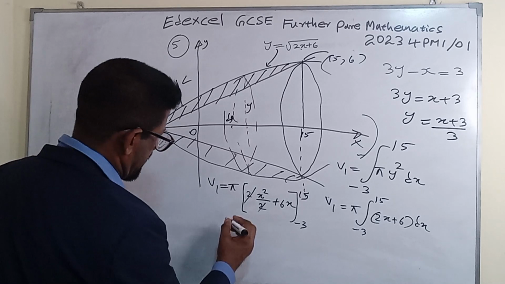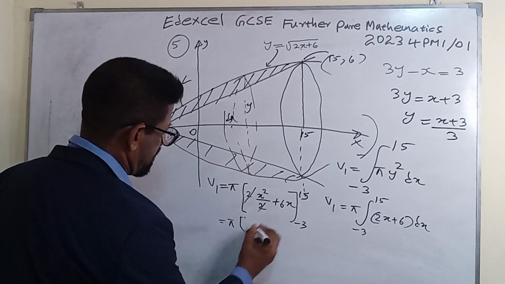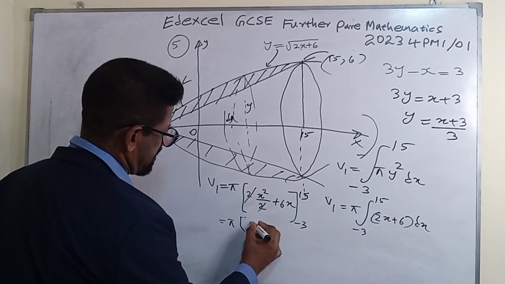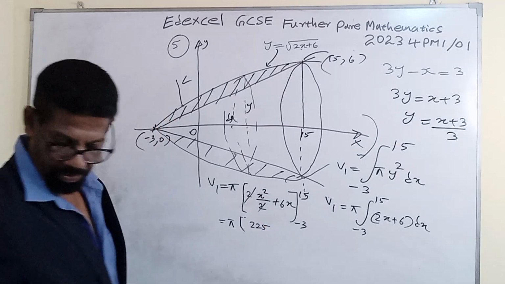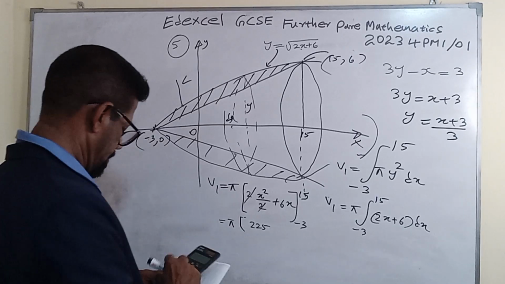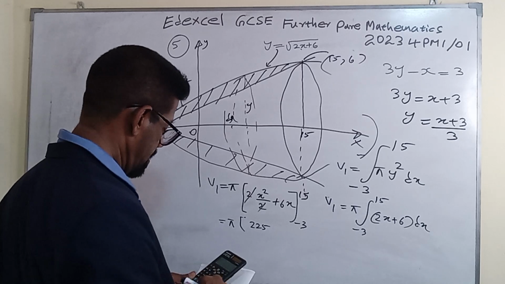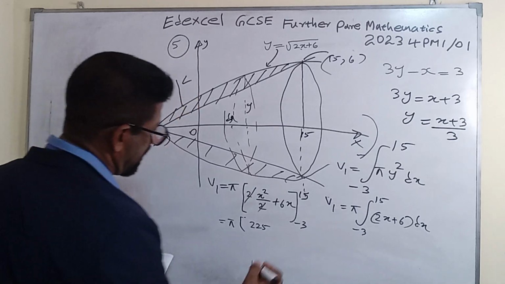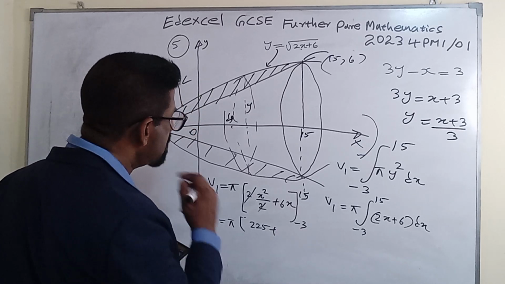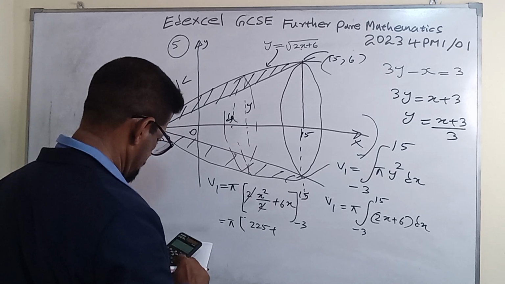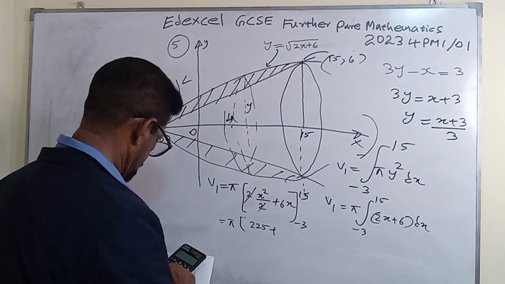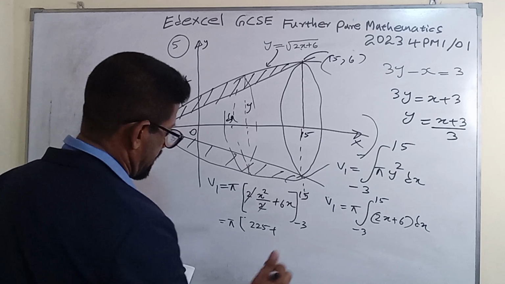So substitute 15 squared, I think this should be 225. And addition 6 times 15, 90.